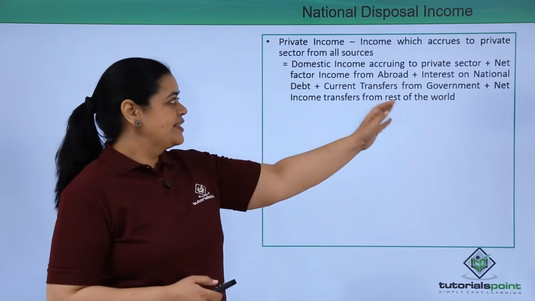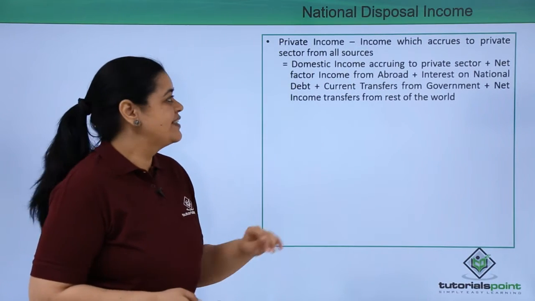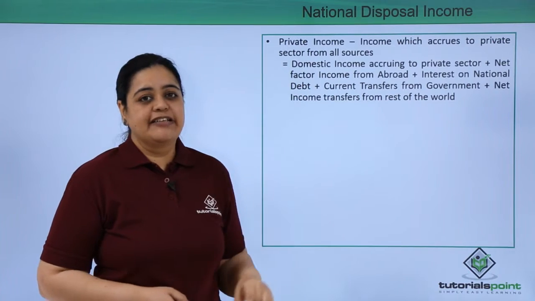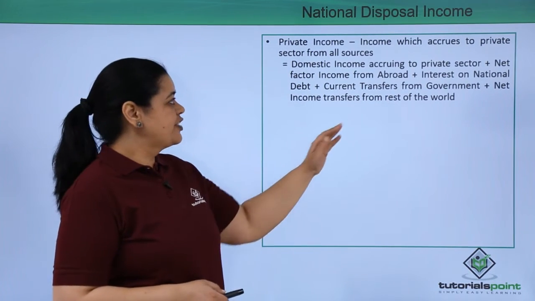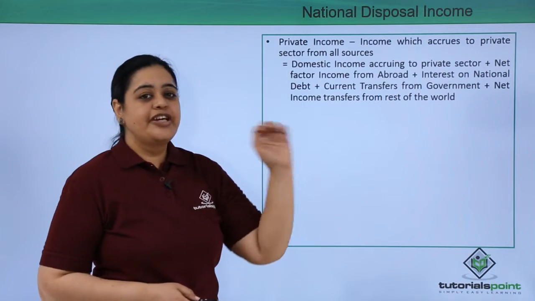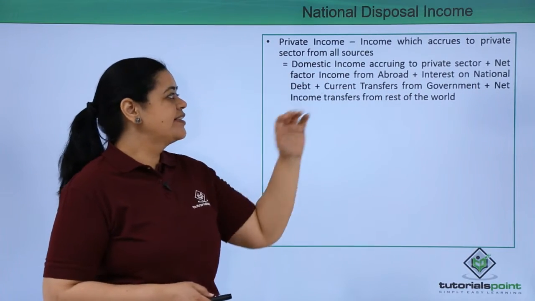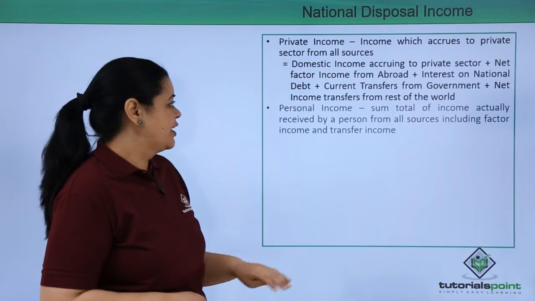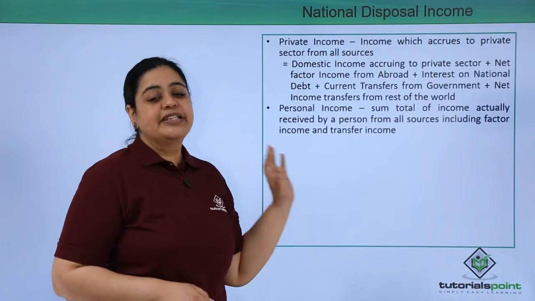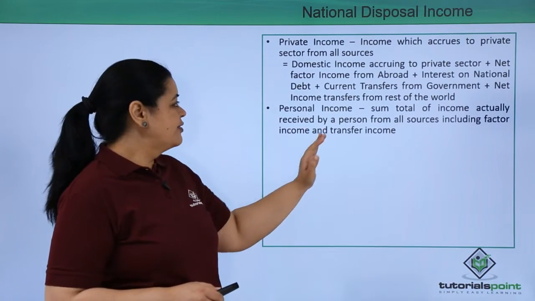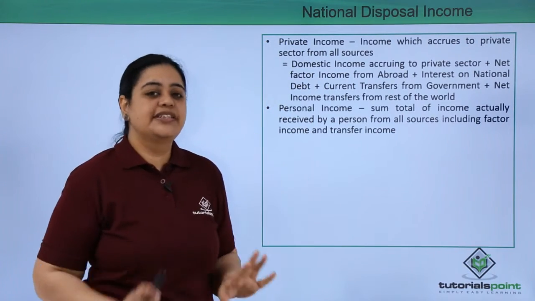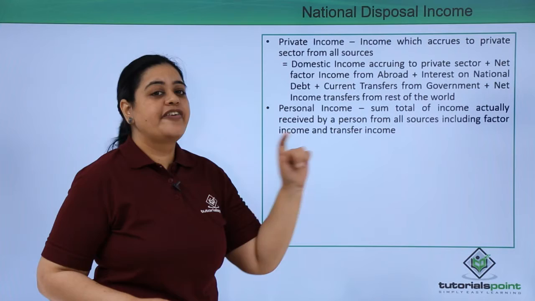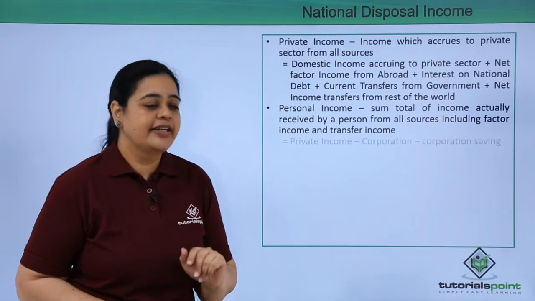It is domestic income accruing to the private sector plus your net factor income from abroad, then any kind of net current transfers from rest of the world, plus your interest on national debt, plus current transfers from government. Personal income is the sum total of income which is actually received by a person from all the sources available, including factor income and transfer income.